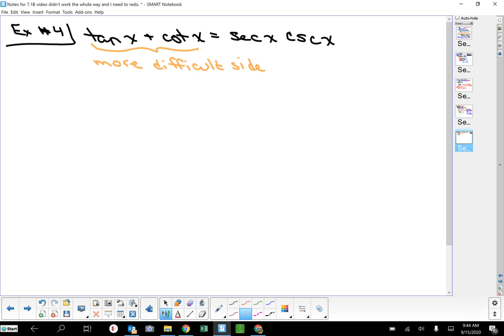So what we're going to do here is turn our tangent and cotangent into sines and cosines. So tangent will be sine x over cosine x. And then cotangent is cosine over sine. And then we want to prove that this equals secant cosecant.